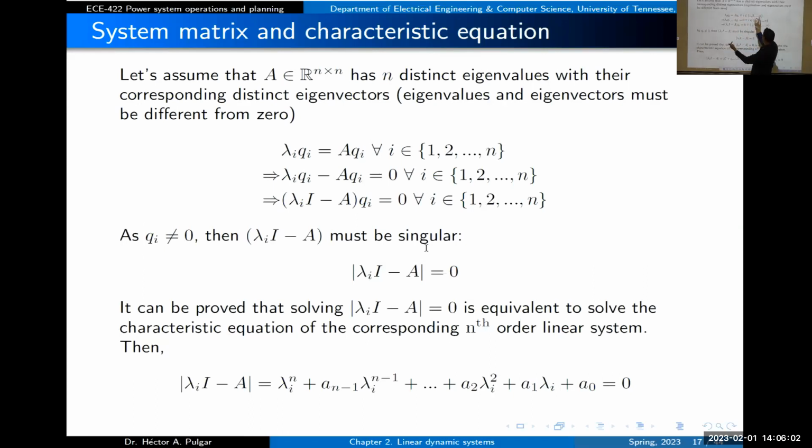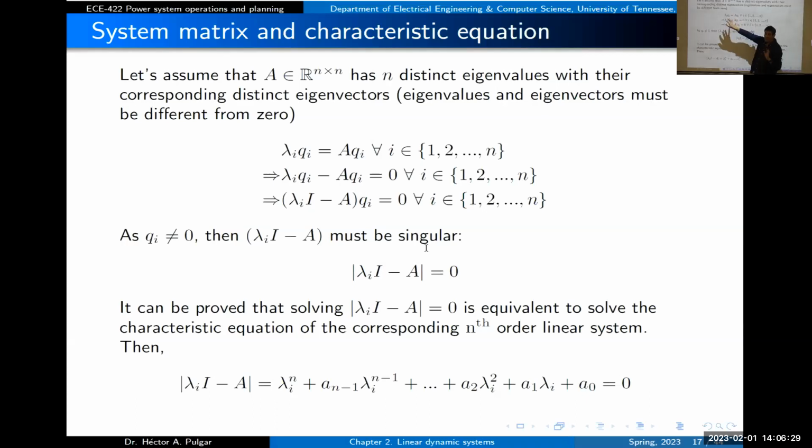And as I said, because we have an n-dimensional space, we have n state variables, then we should be able to find n eigenvectors and eigenvalues. So we're going to assume here that all of these are different. All lambdas are different and all q's are different. That's the assumption we will have in this course.